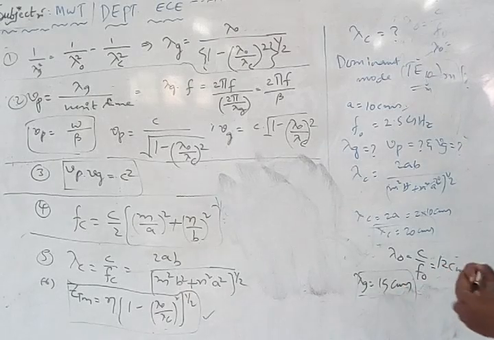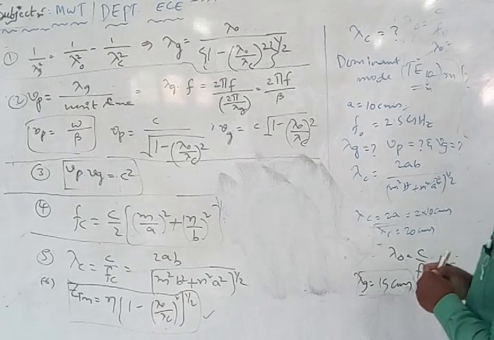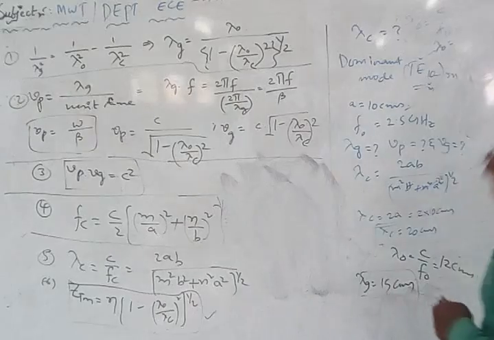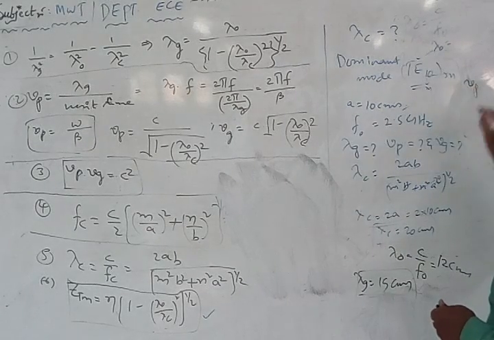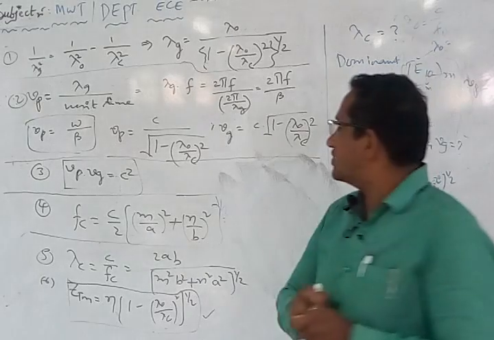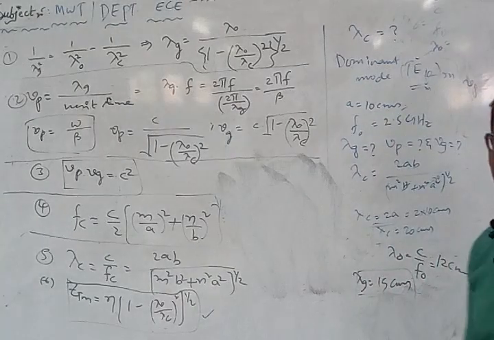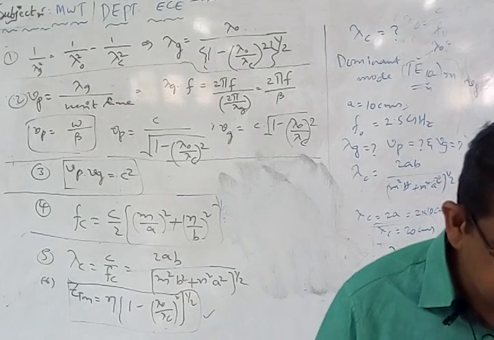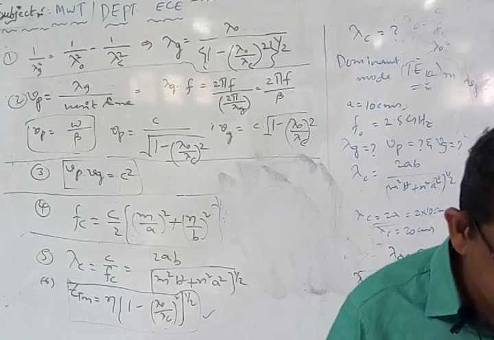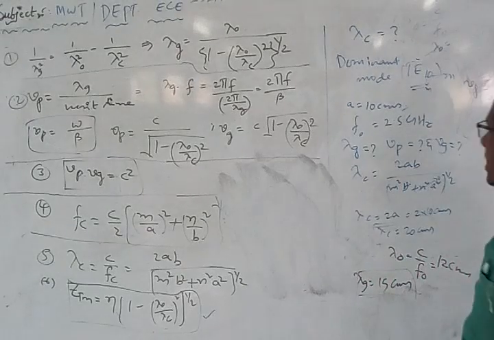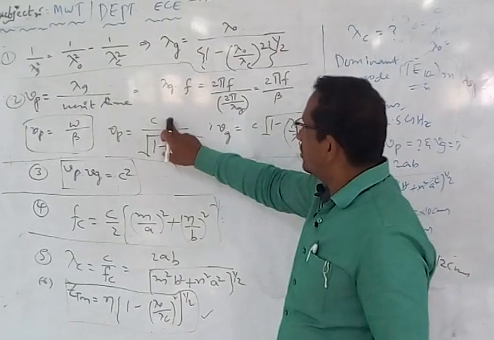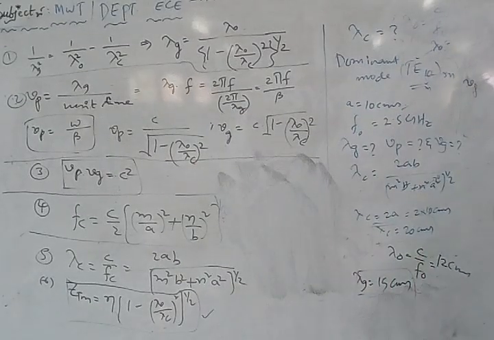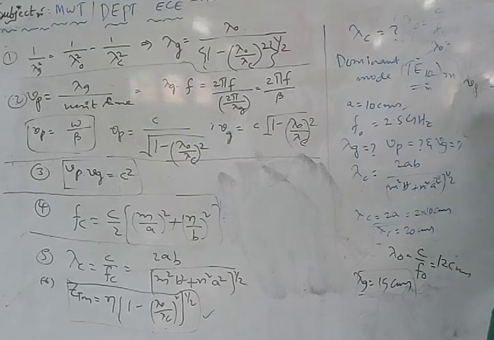Then the next parameters are going to be Vp and Vg. Vp is nothing but the phase velocity. What is the phase velocity? It is simply C by that particular factor, 1 minus that factor under root. Numerator is the velocity of light, and the denominator we have to calculate, which I get as 0.8.